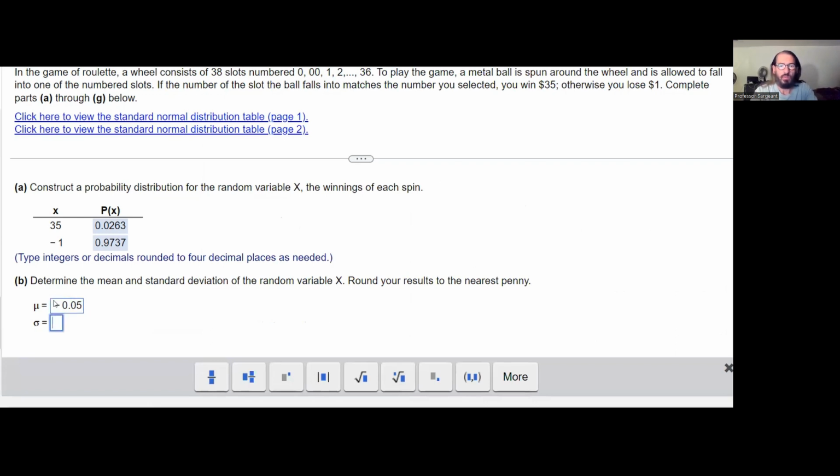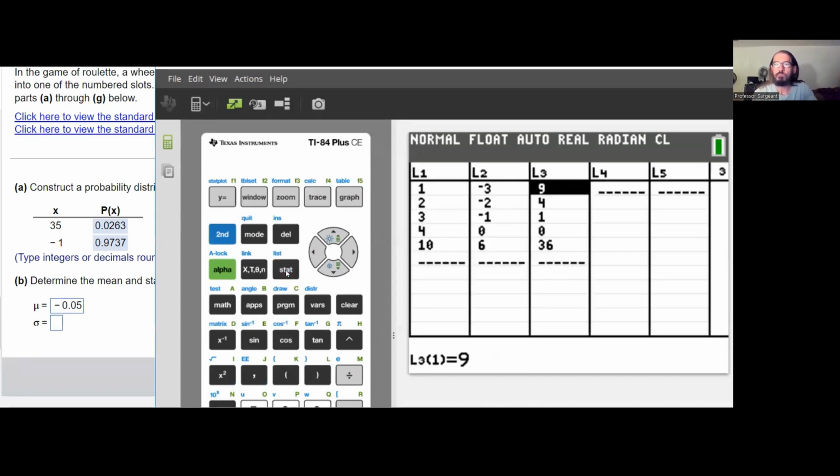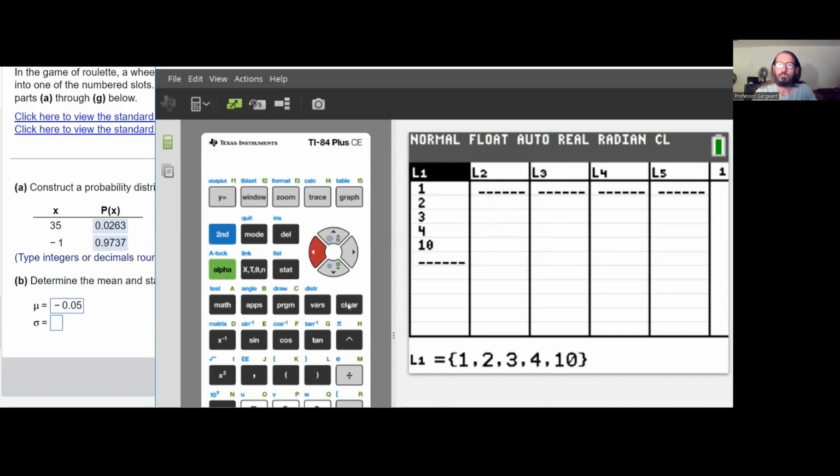The standard deviation. All right, let's see here. I'm going to do this in a table. So we take our scores and the probabilities.